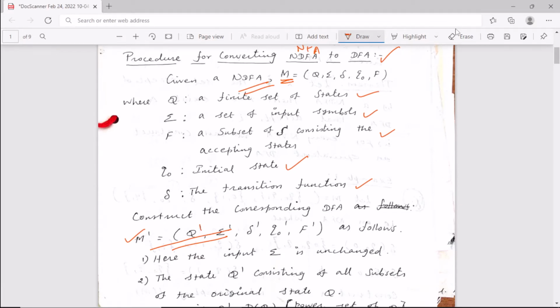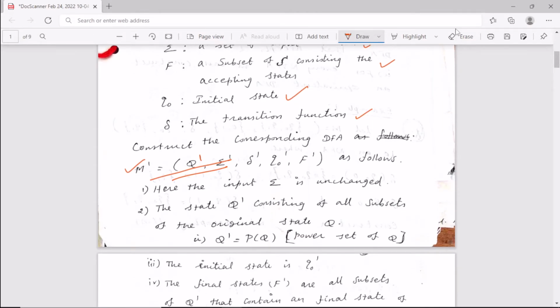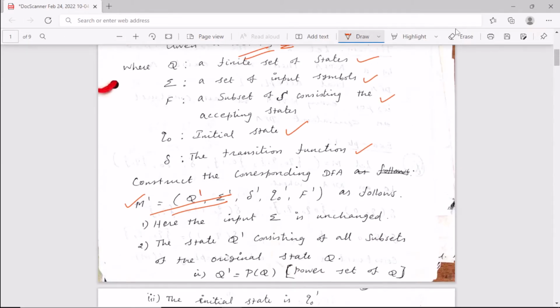Here Q dash represents a set of states, but here we have to take the set of states as the power set of Q. You know already the only difference between the definition of NFA and DFA is, all are the same, that is set of states, sigma input alphabet, Q naught, and the final state, everything should be the same, only the difference is in the transition function.